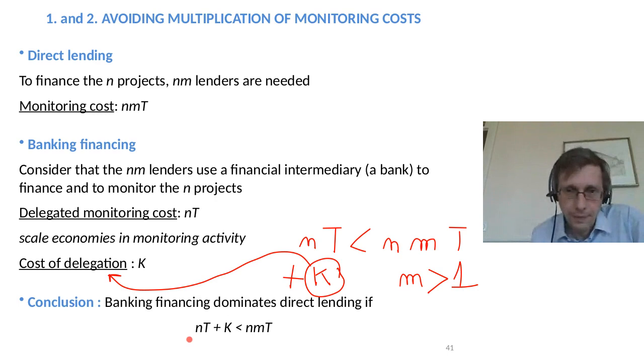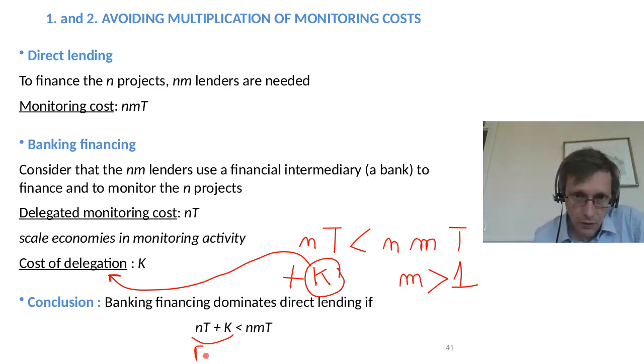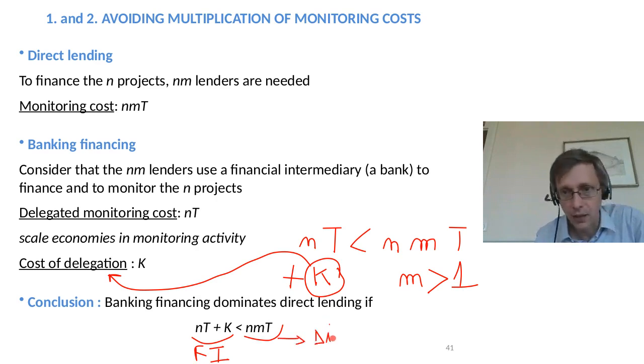So the left hand side corresponds to the entire cost of monitoring when using a financial intermediary, while the right hand side is with direct financing.